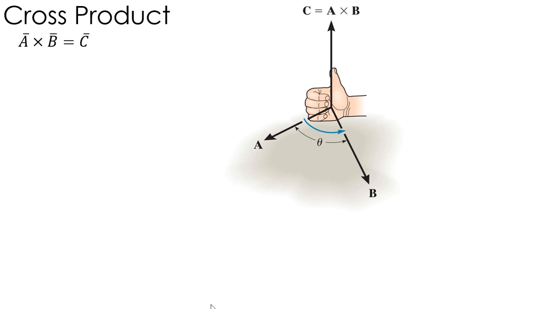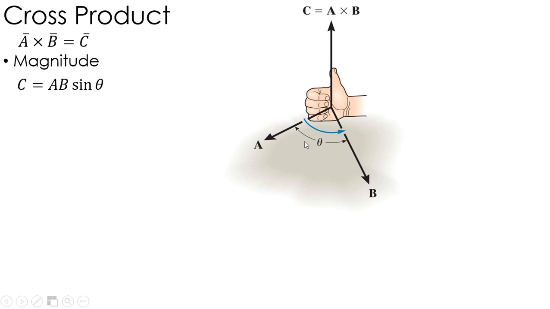But for the cross product, we take two vectors, for example, the A vector and the B vector shown here, and we cross them together to get a C vector in a direction that's perpendicular to both A and B. Again, the A vector and the B vector are separated by an angle theta.